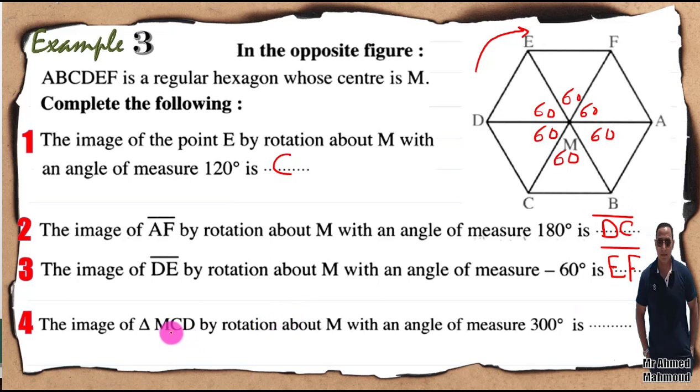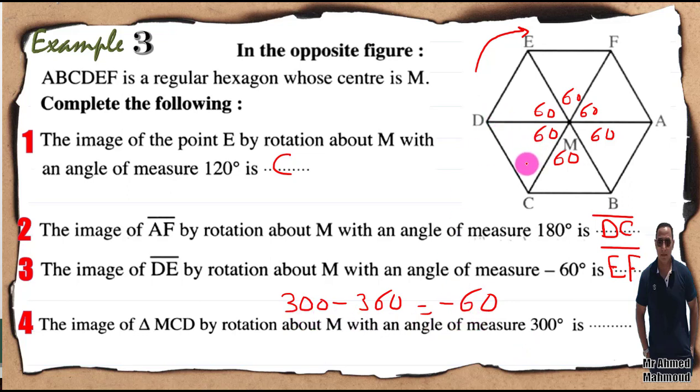Finally, triangle MCD, this triangle, as you see, by rotation about M with angle 300 degrees. 300 degrees minus 360 equals negative 60 degrees. Why did I do this operation? Because it's easier to rotate negative 60 than 300 degrees. So 300 equals negative 60.